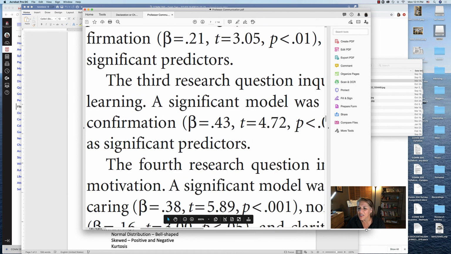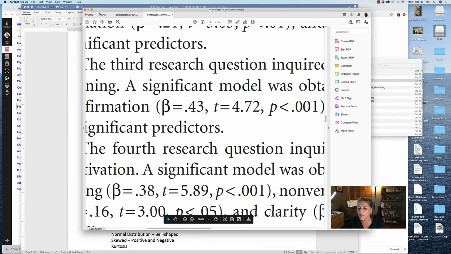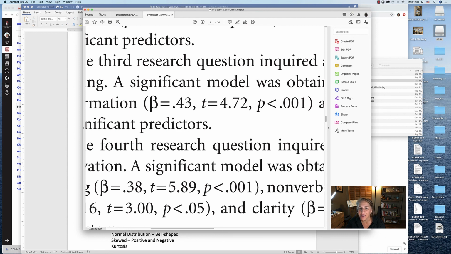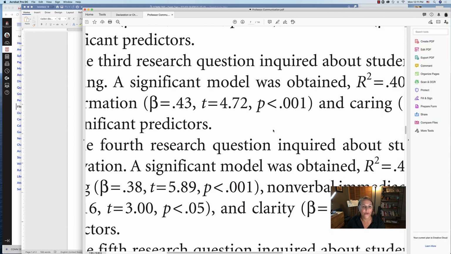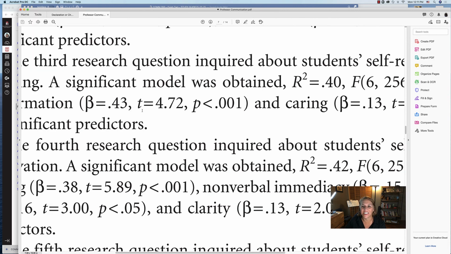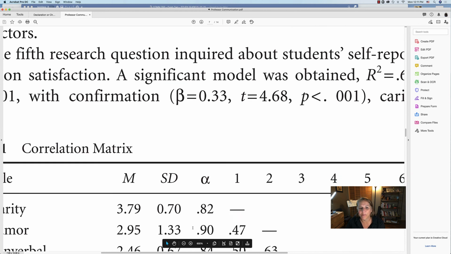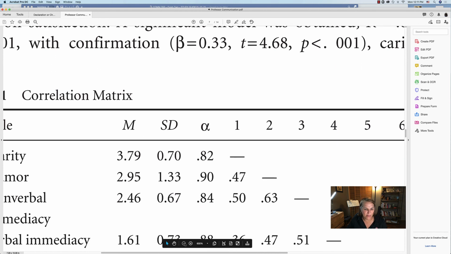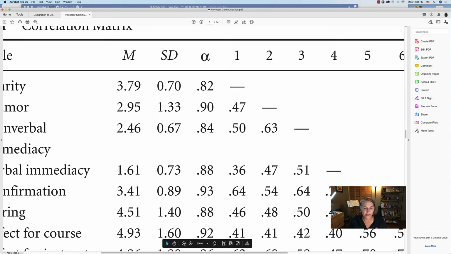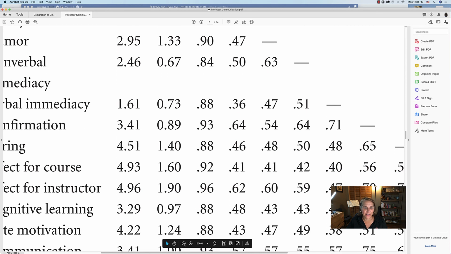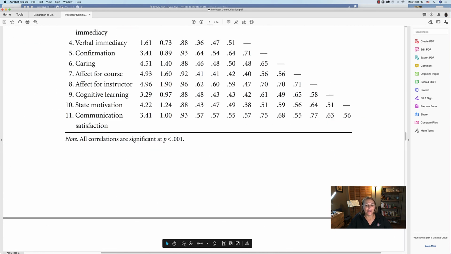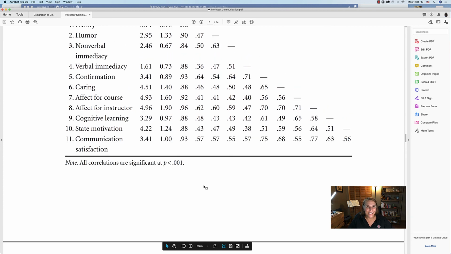What they've done here is they have put all in one graphic representation a correlation matrix and all of their descriptive statistics. So let's take a look at what they've done here. And maybe we'll just narrow that back down just a smidge. All right, there it is.